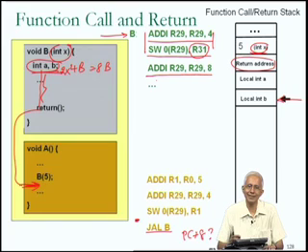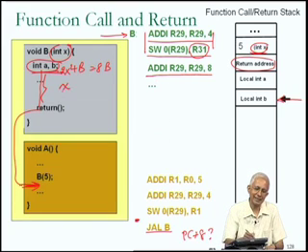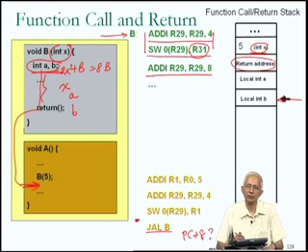And the question which you will ask is, inside the body of the function it is possible that the variable x is referred to, and the variable a is referred to, and the variable b is referred to. How are the addresses of these variables going to be understood? How is the compiler going to generate the address of each of these variables?